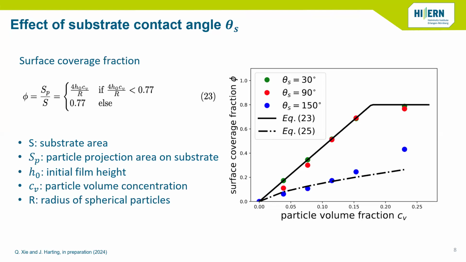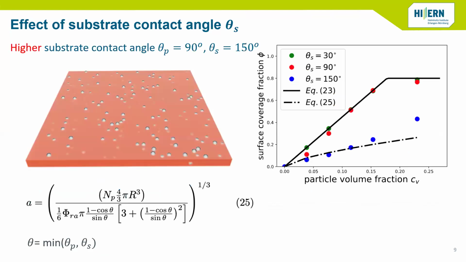So here you see the surface coverage increases linearly with particle volume fraction. But if we have a higher substrate contact angle, 150 degrees, you see the deviation is quite large. So what happens with larger substrate contact angle? I will show you in the next slide.